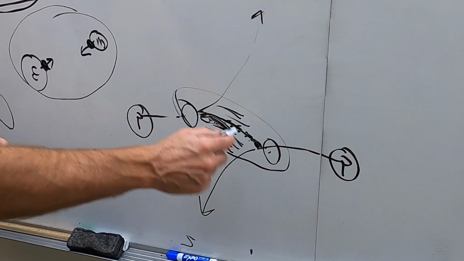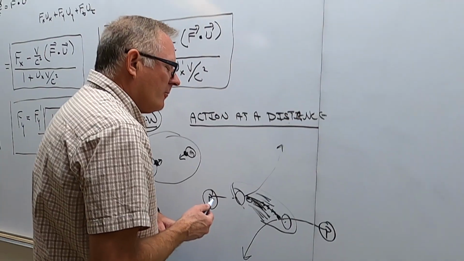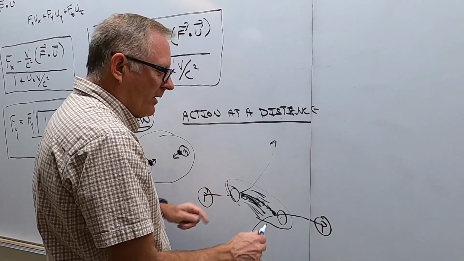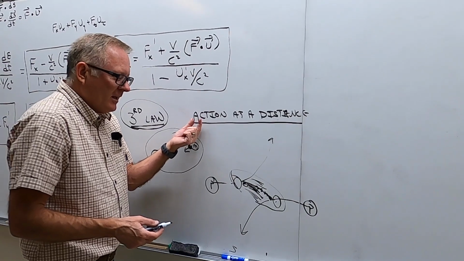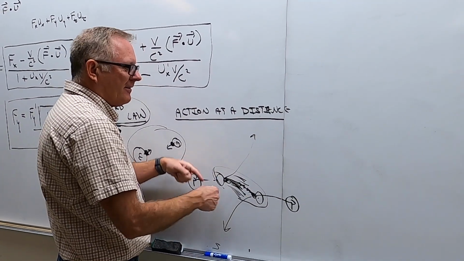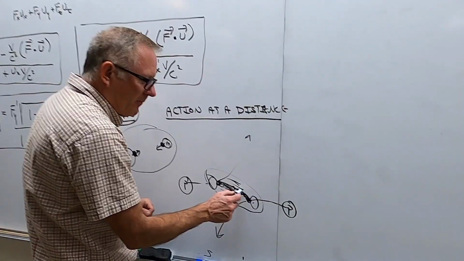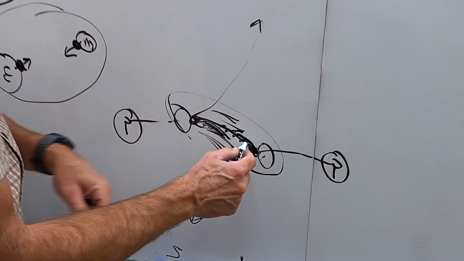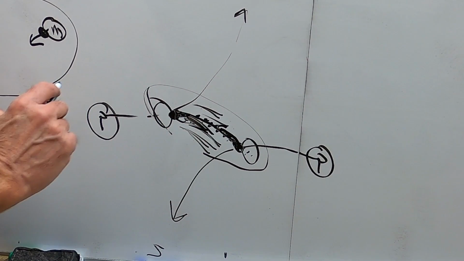That means there's energy and momentum transferred over. And we're not going to get into that, but I just wanted to bring that up because there's a big problem when you have action at a distance with relativity, because the time here and the time there are different. But if you have this thing emit something, then everything happens right here, and then you just follow the trajectory over, and then everything happens over here. There's no action at a distance.